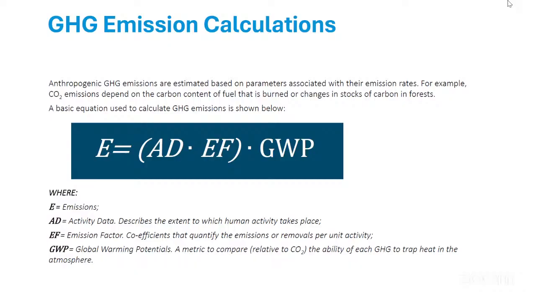For example, if you look at the sector of agriculture or livestock, the activity data we look out for is the population, for example the cattle population, goats and the like. That's very good data. It describes the extent to which the activity occurs, and we look at activity data in that sense.